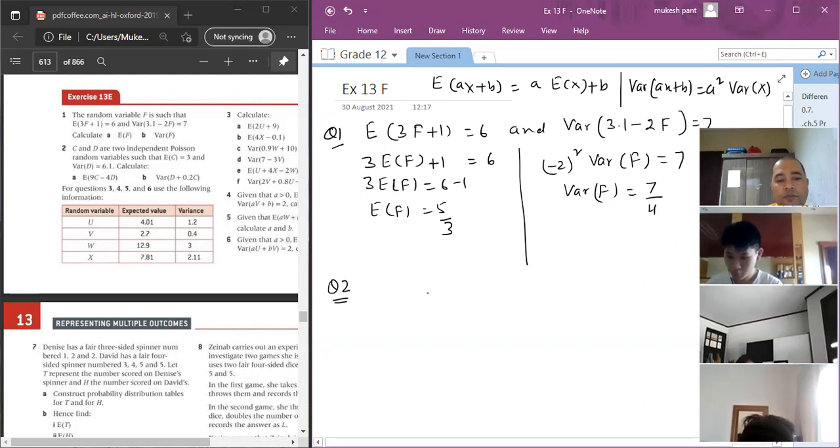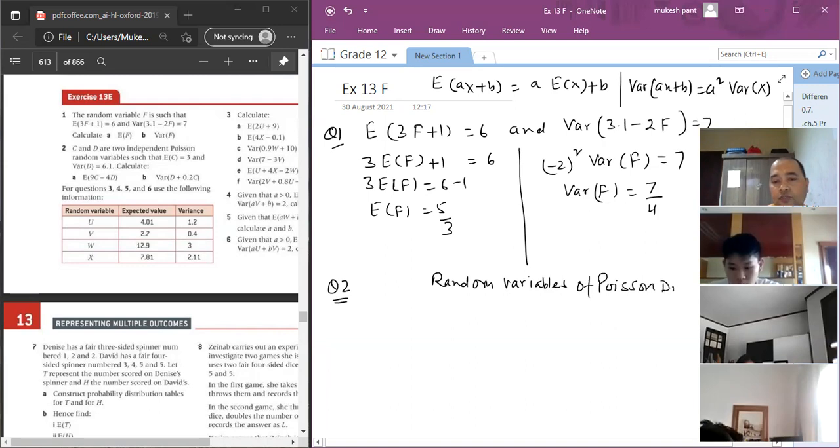Look guys, we have two random variables of Poisson distribution. Very important, because in each distribution there are some features we must know. One random variable is C, another is D. The expected value of C is given as 3, and the variance of D is given as 6.1.